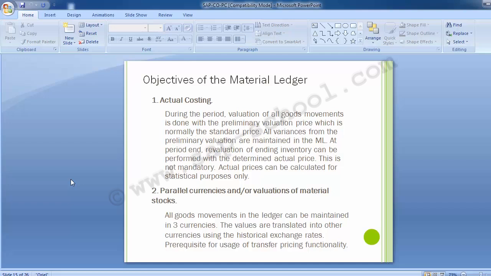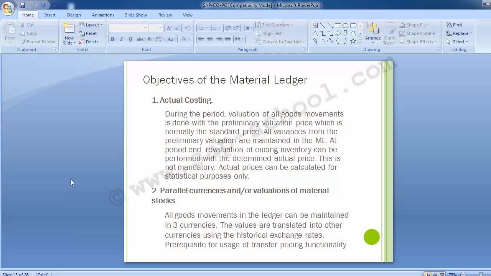All variances from the preliminary valuation are maintained in the material ledger. At period end, the revaluation of ending inventory can be performed with the determined actual price. This is not mandatory. Actual prices can be calculated for statistical purposes only.